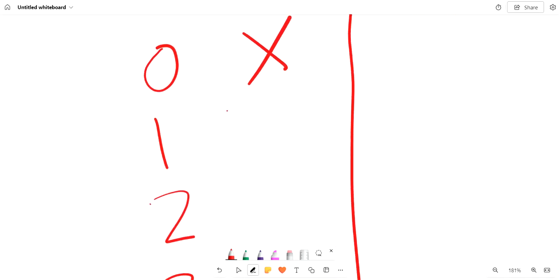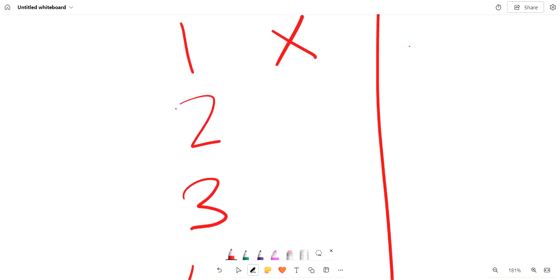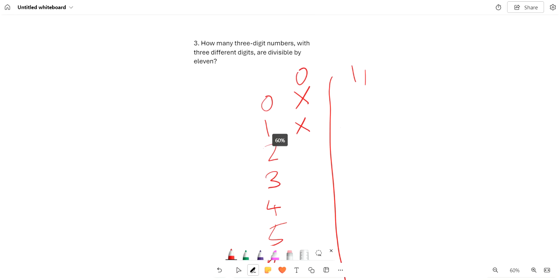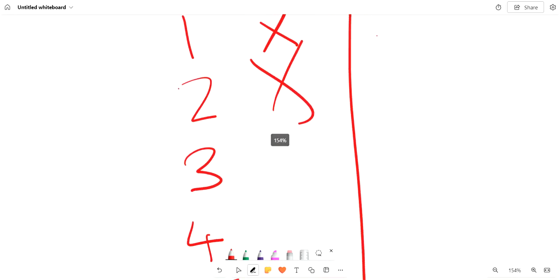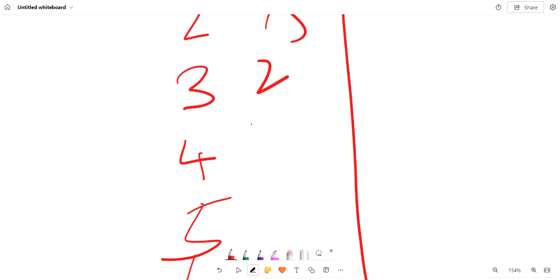For 1, there's only 110, which also doesn't work. For 2, we get 121, which doesn't work because we need 3 different digits. And for 3, we can finally have 132 or 231, which make up 2. And for 4, we can have only 143 and 341. And we can't have 242 because they have to be different digits.